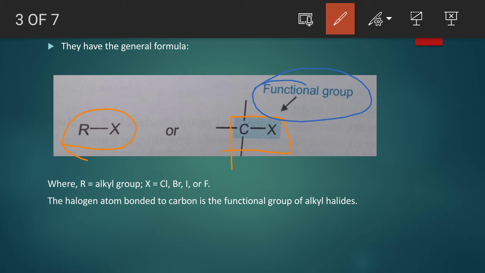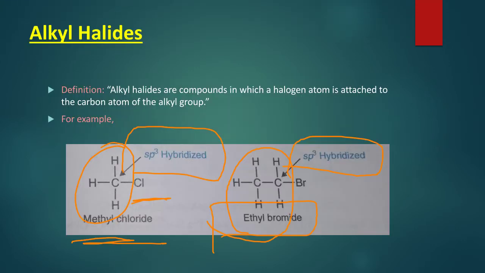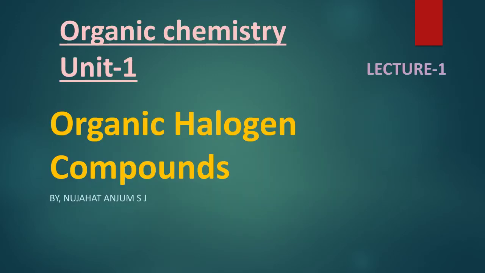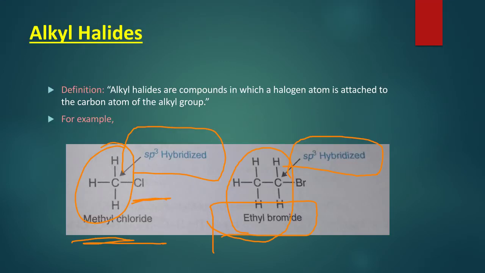Here R represents any alkyl group, and X represents the halogen atom, that is chlorine, fluorine, bromine, and iodine. This is about alkyl halides. Alkyl halides means the carbon atom present in the alkyl group is bonded to any halogen atom.